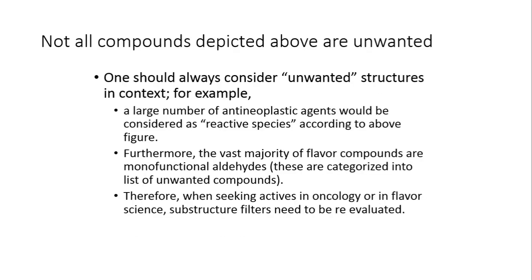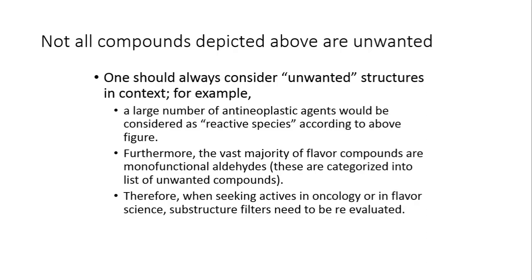Okay, so furthermore, the second example that I would like to give is that the vast majority of flavor compounds are monofunctional aldehydes. They contain an aldehyde group. So these are categorized into the list of unwanted compounds that I have already mentioned before. So therefore, you need to always consider the concept of unwanted functional groups based on what exactly you are trying to perform.